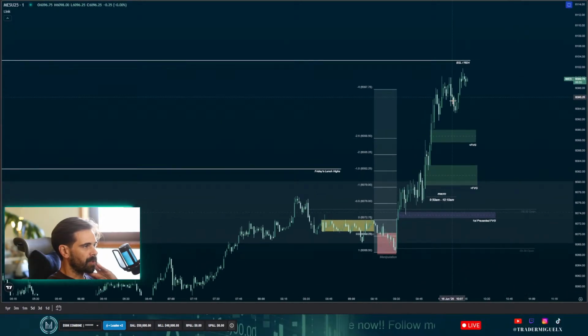But yeah, so far price is respecting bullish PD arrays. It's just moving to the upside.